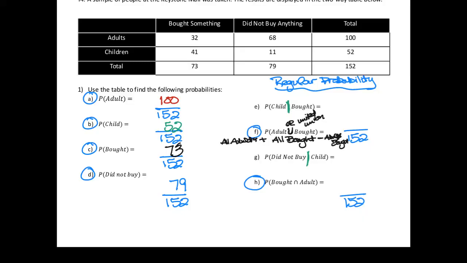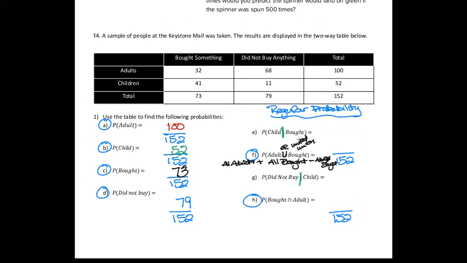Adults who bought. So all adults would be 100 plus all who bought something is going to be 73. Now, I have counted this group in here twice because my line went through there twice.